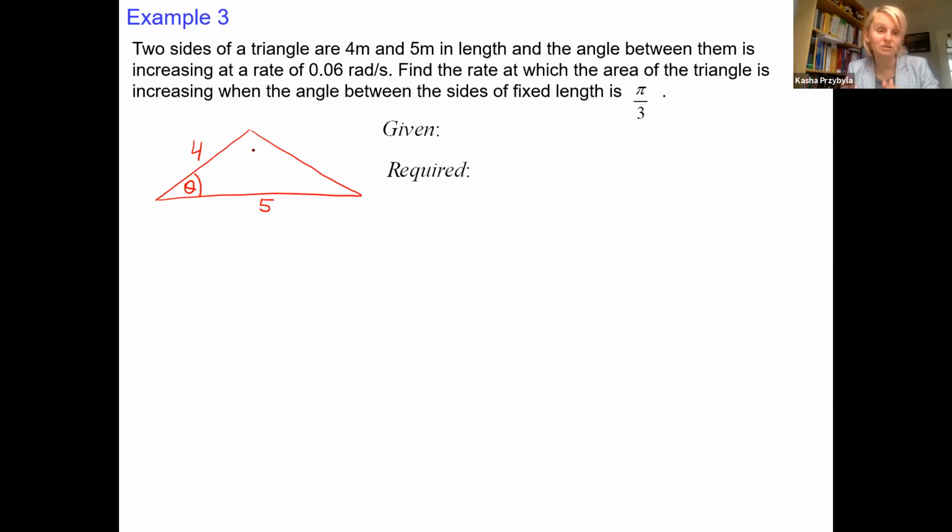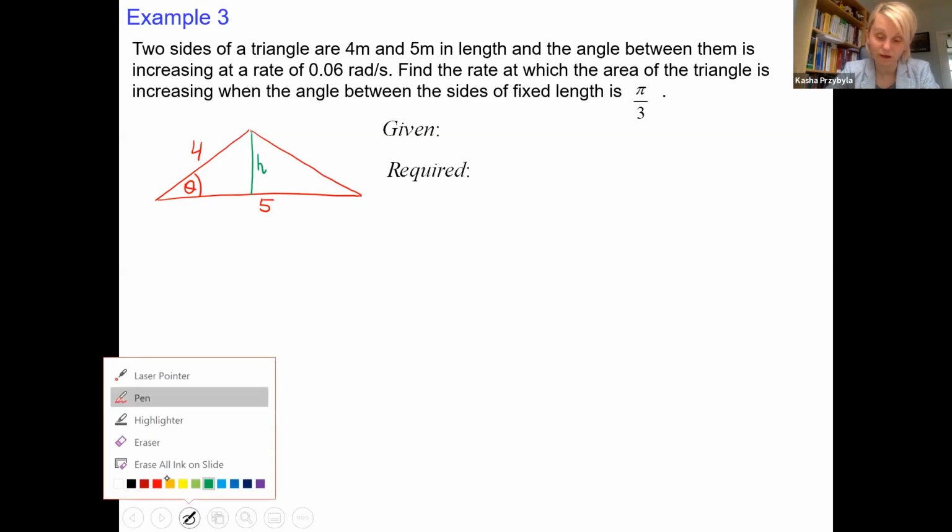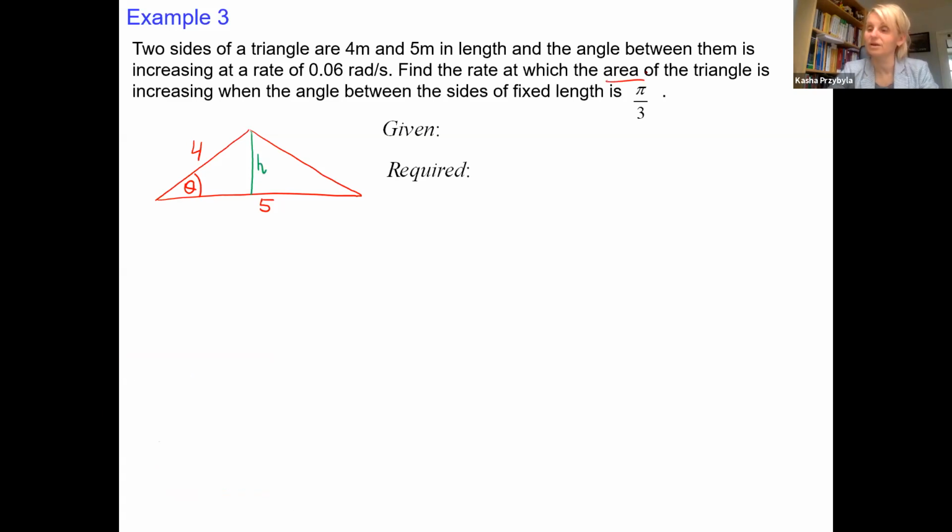Maybe at some point it's 90, but we will not look at these quantities, because we have 4, we have 5, we have the angle. And I can draw probably the height, because it's not given, but we have to involve it because of the area.